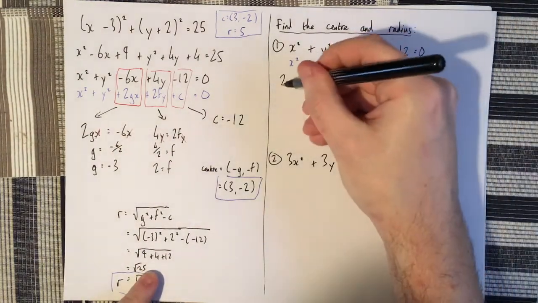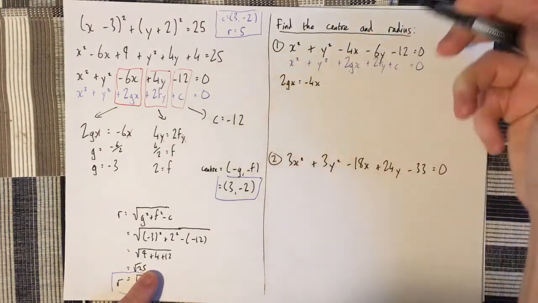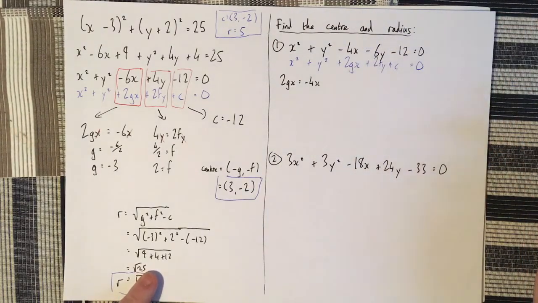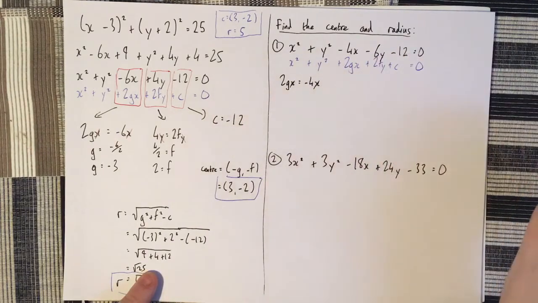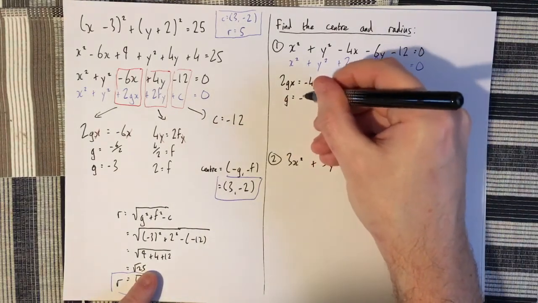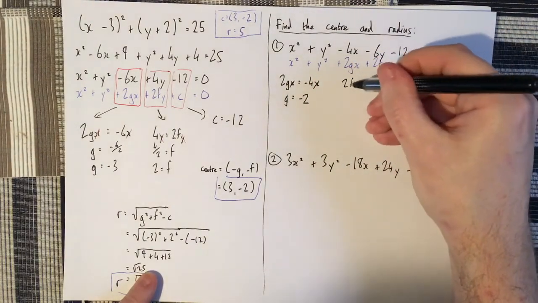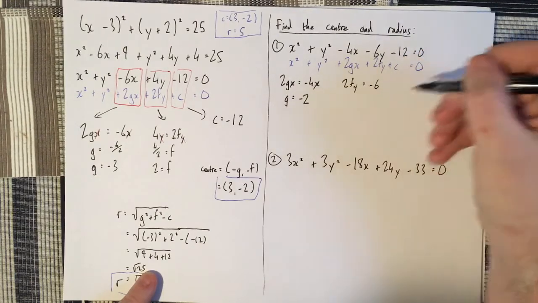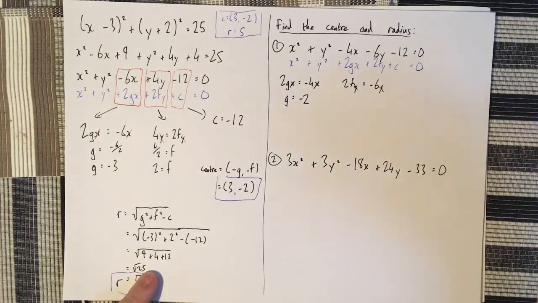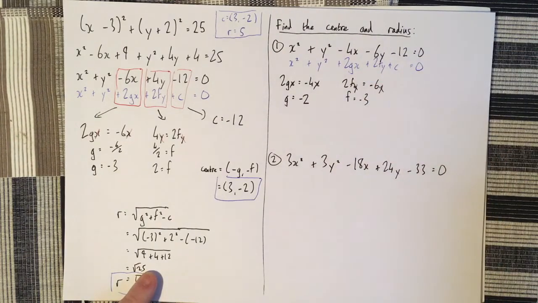So your 2gx is equal to minus 4x. So just comparing those. So cancel the x from both sides, divide both sides by 2, and you get g is equal to minus 2. Over here then, I've got 2fy is equal to minus 6y. So cancel the y from both sides, divide both sides by 2, and I get f is equal to minus 3.